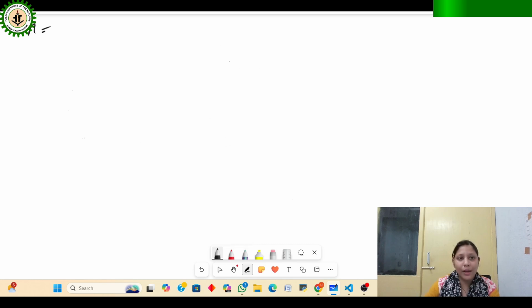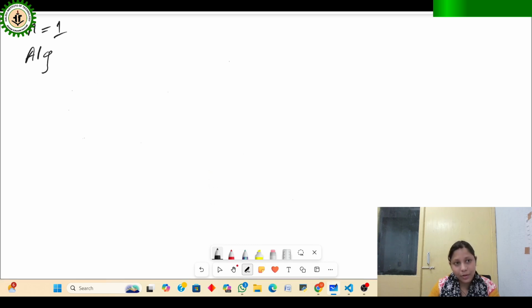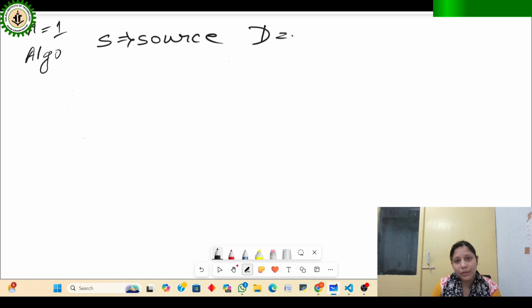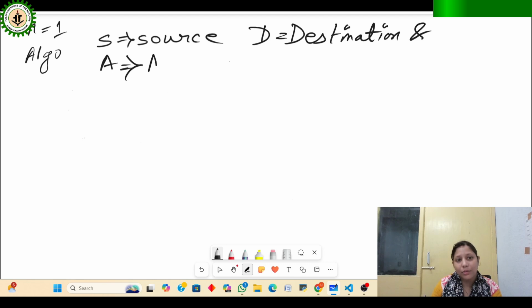Again, if n equal to 1, what will the algorithm be? Only one disk. That means if s equal to source, d equal to destination, and a equal to auxiliary, or intermediate, you can say intermediate as well.